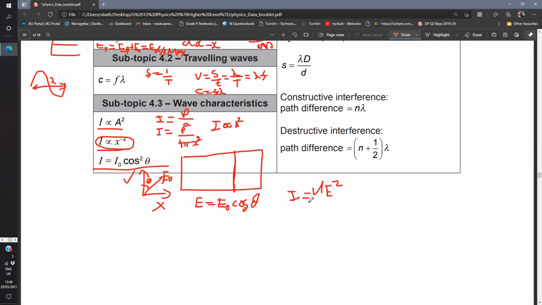So keeping that in mind, we're going to write in terms of I. I is equal to K times E squared.